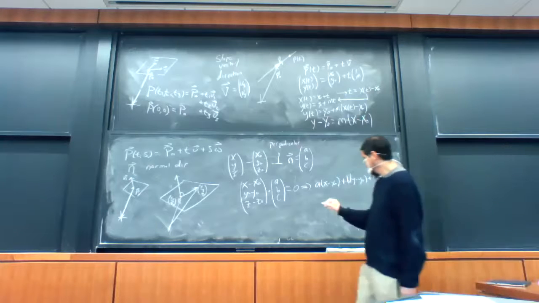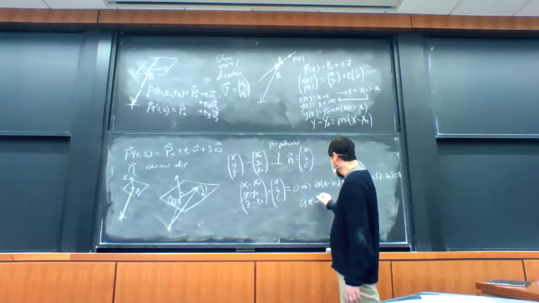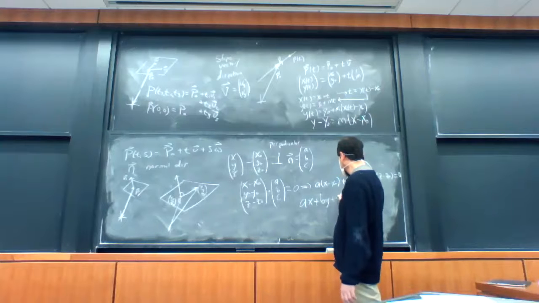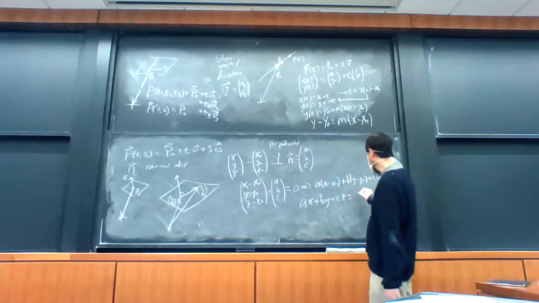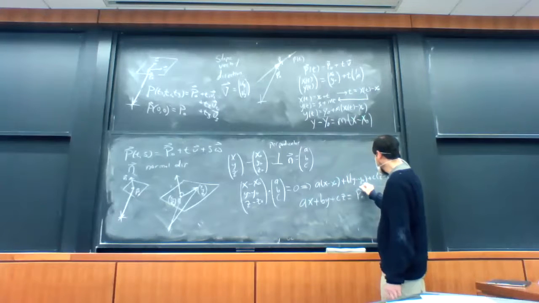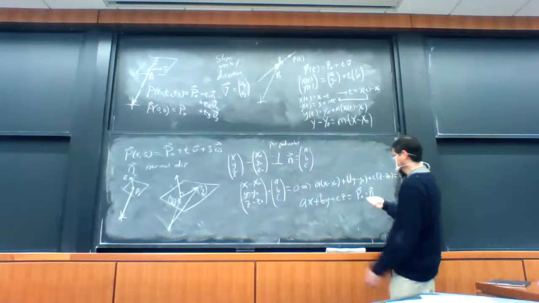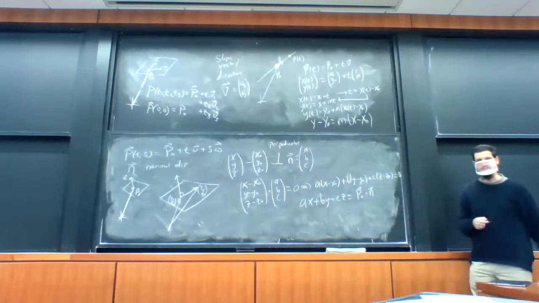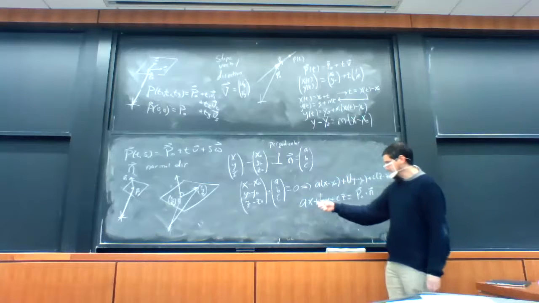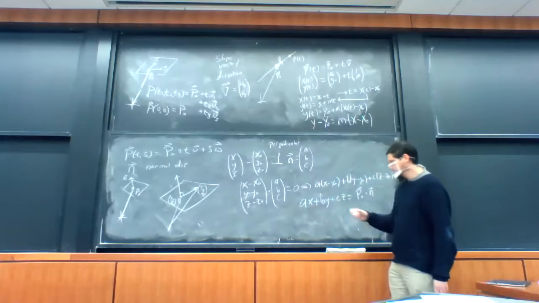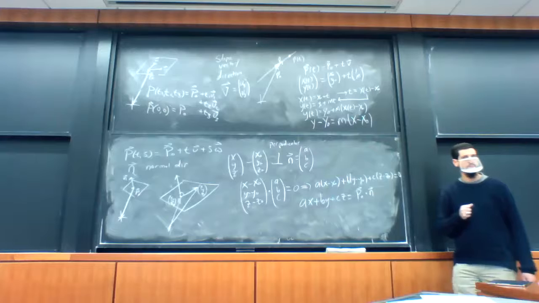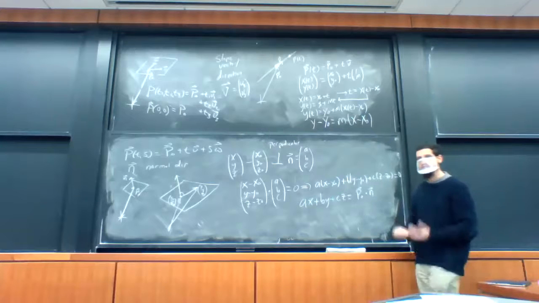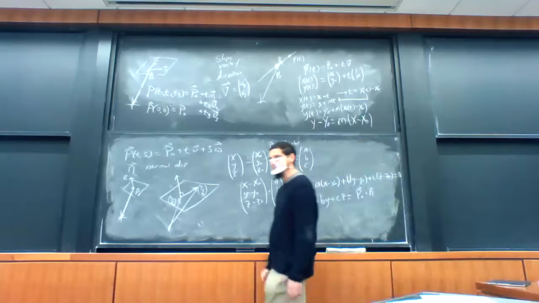Or another way of writing it is ax plus by plus cz equals P naught dotted with n, just moving the a x naught, b y naught, c z naught to the other side. And if you think about it, if I tell you any two of x, y, z, then the third one is determined. It's a two-dimensional object. It's another way of writing this two-dimensional object.